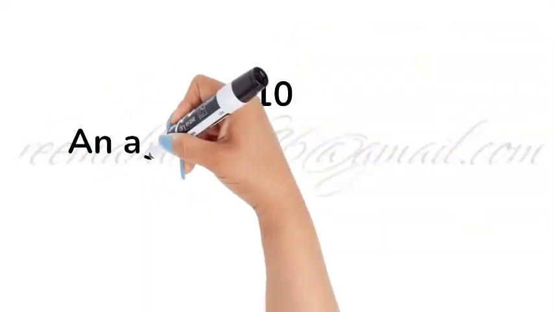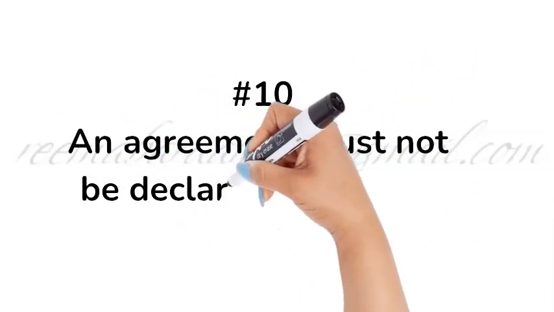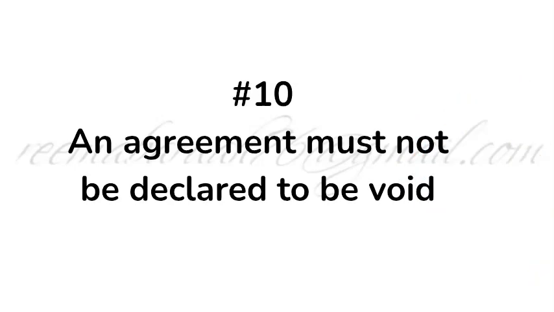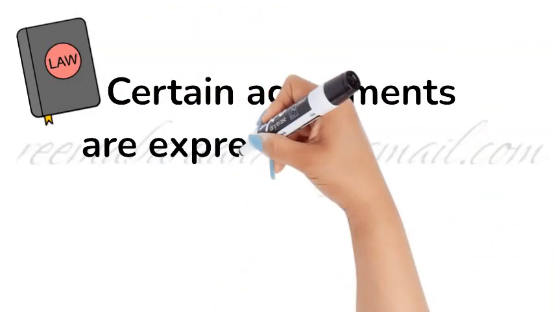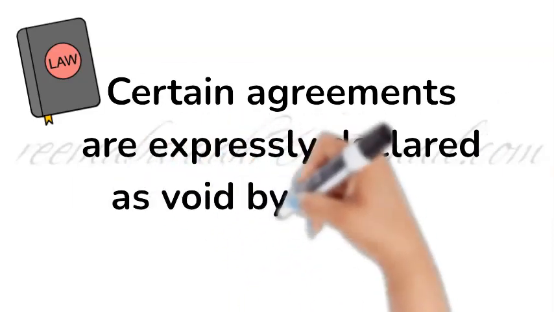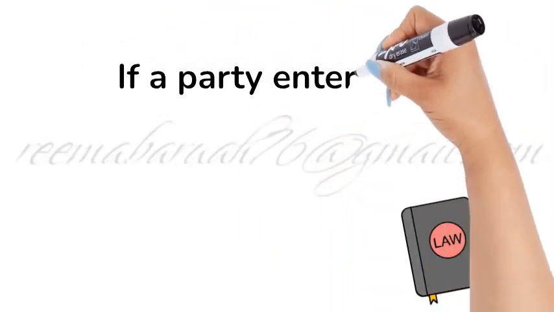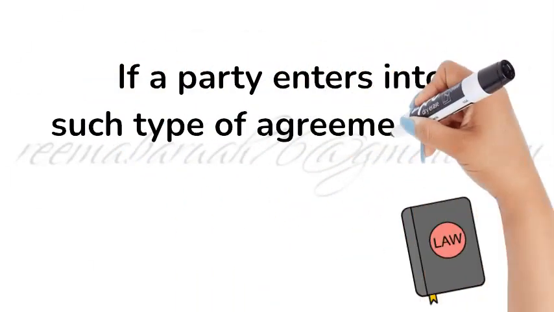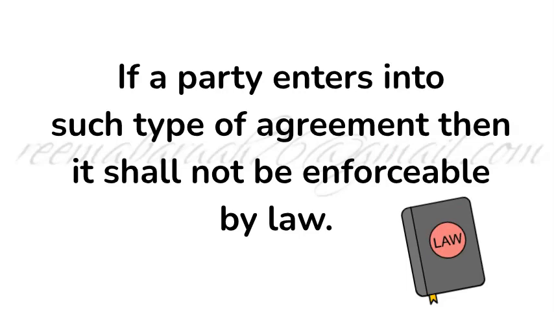The next essential element of a valid contract is that an agreement must not be declared to be void. Certain agreements are expressly declared as void by the law. If a party enters into such type of agreement, then it shall not be enforceable by law.